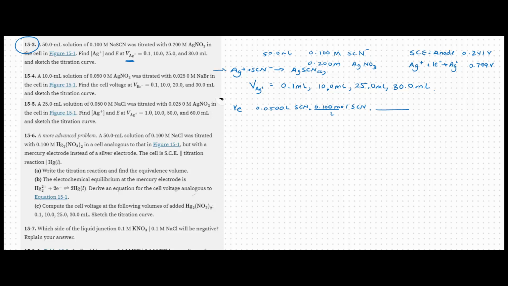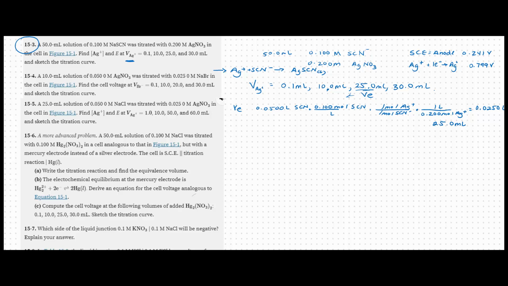So this is our balanced chemical equation. For every 1 mole of SCN-, we need 1 mole of Ag+. Well, the silver nitrate solution that we have is 0.200 moles per liter. So what we find is the equivalence volume is 0.0250 liters or 25.0 milliliters. So this is our equivalence volume.